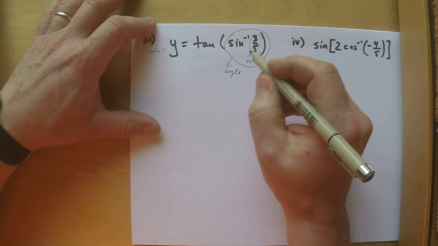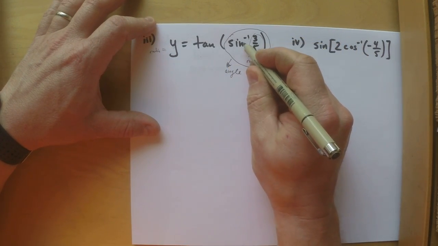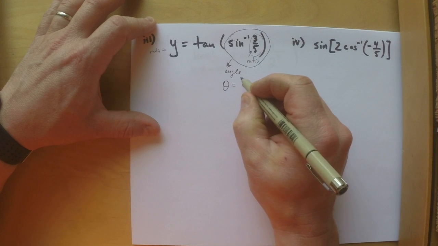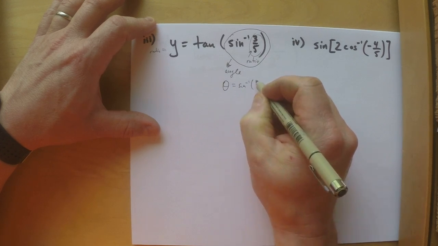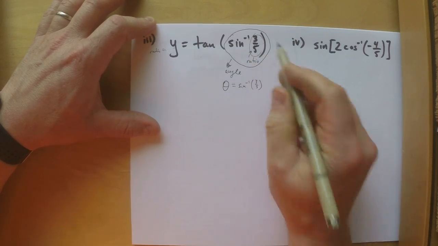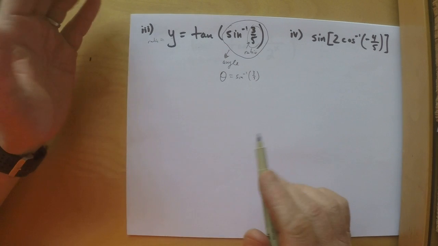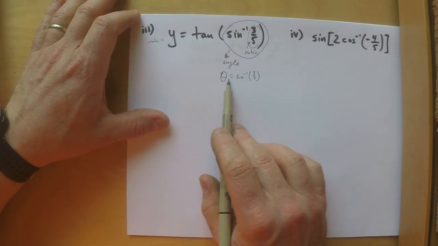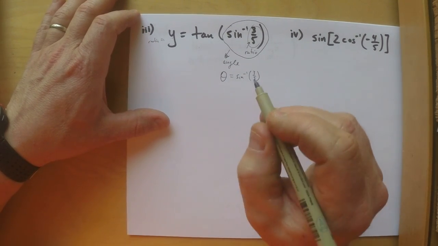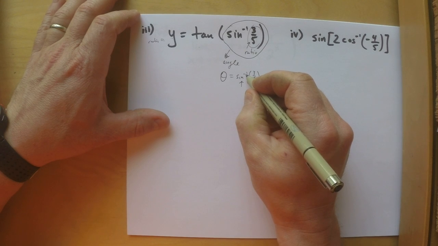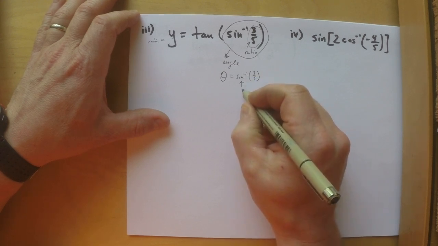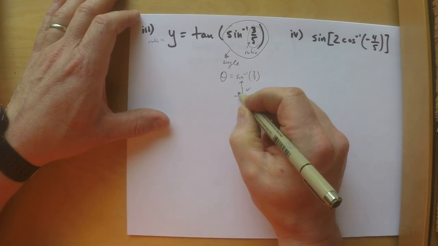So let's focus on this angle here. Let's call this theta. Now I'm like, okay, I don't really work with this well, so I'm going to rewrite this. Before I rewrite it though, I want to keep in mind that arc sine, inverse sine, is only allowed to be here and here.